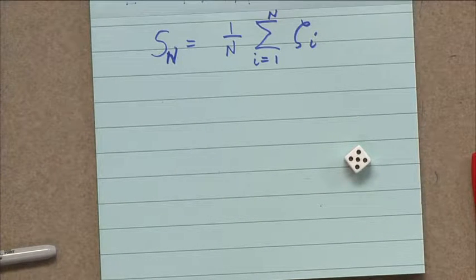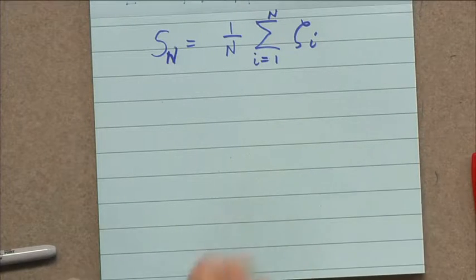We counted 11 successes, and I threw that 22 times. That's called the ensemble average.